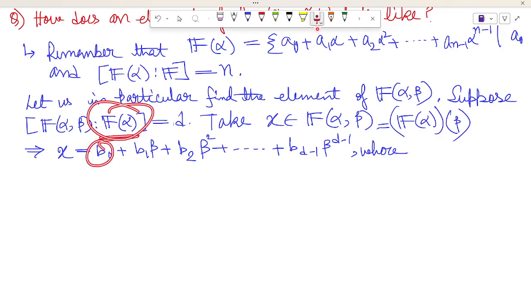So the coefficients will be in F(alpha), b0 up to b d minus 1.